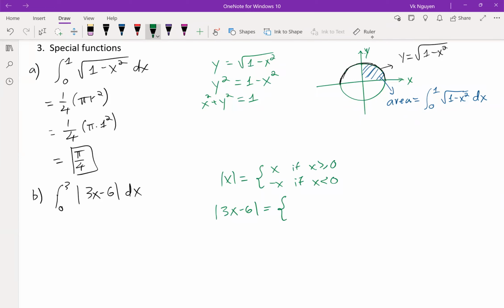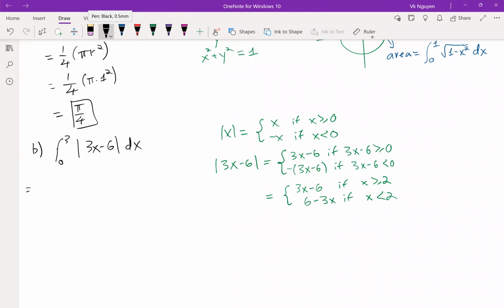So it would be 3x minus 6 if 3x minus 6 is greater than or equal to 0, and negative of 3x minus 6 if 3x minus 6 is less than 0. Simplify this and we have 3x minus 6 if x is greater than or equal to 2, and 6 minus 3x if x is less than 2.